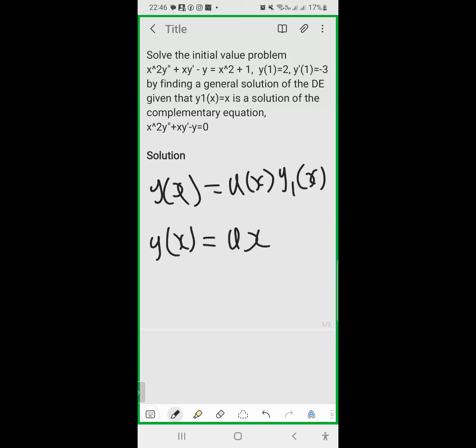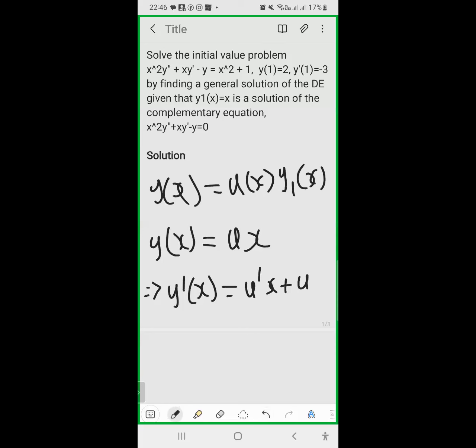Now we're going to continue and find the first derivative and the second derivative. So the first derivative of y of x will be equal to u prime of x plus u.